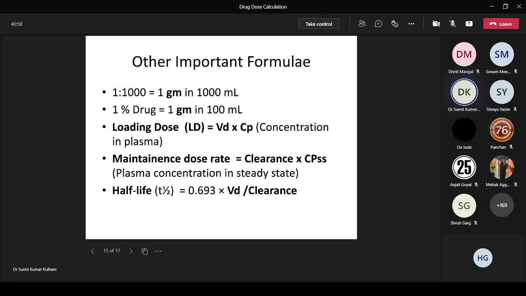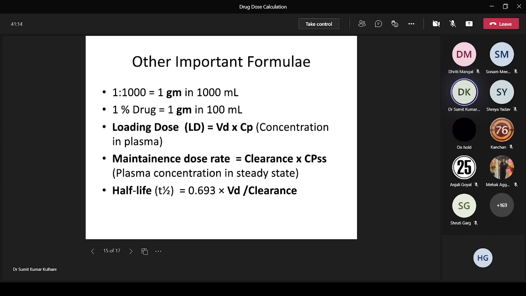What does that mean? As you all know, percentage is always out of 100, like 80% out of 100. Remember, whenever the value is given per 100, it means grams in 100 ml.